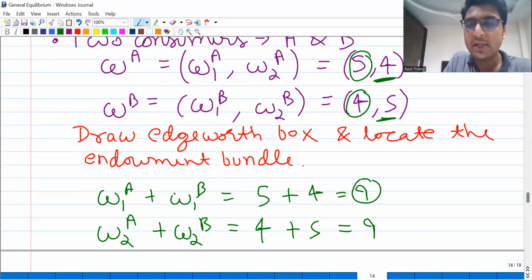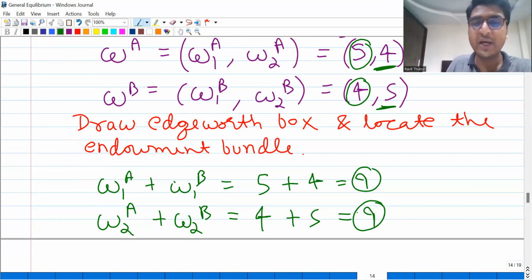So the width is 9, the height is also 9, so this is going to be a square.